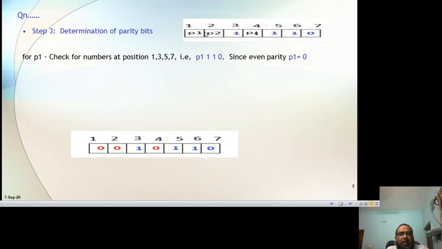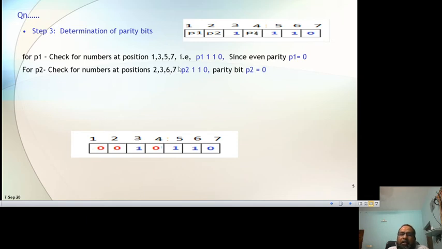Similarly, for the second position, you have to take the numbers from P2, P3 and P6, P7. In other words, you select 2 from P2, then skip 2, then again select 2. That is, I am selecting 2, 3, skipping 4, 5, then selecting 6, 7.